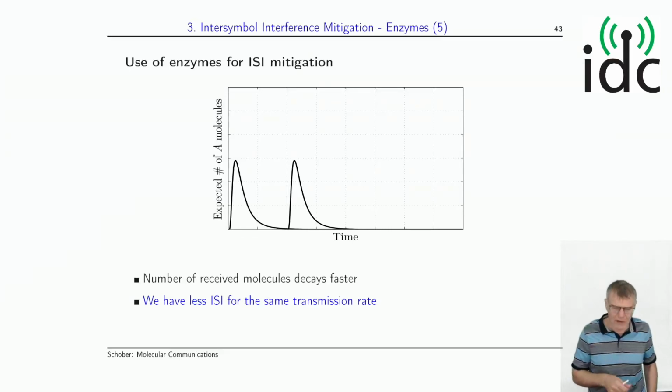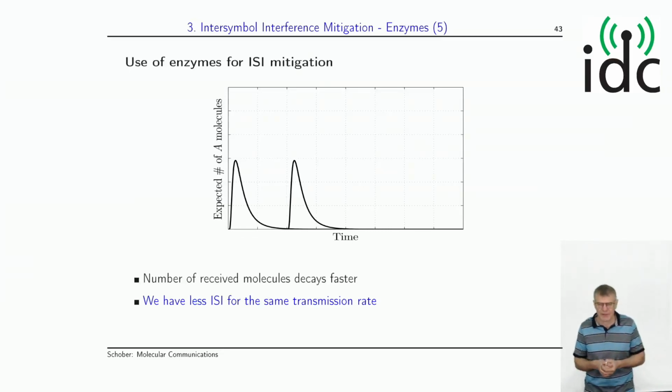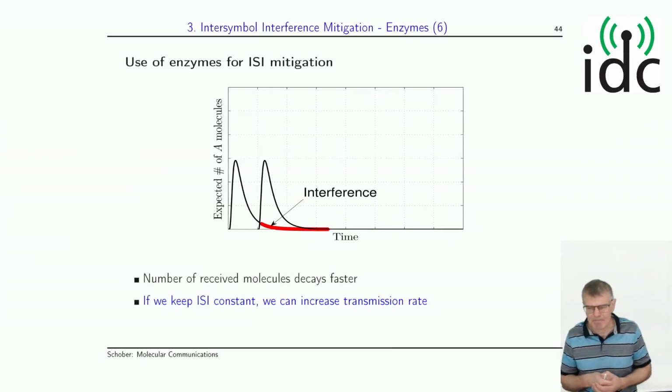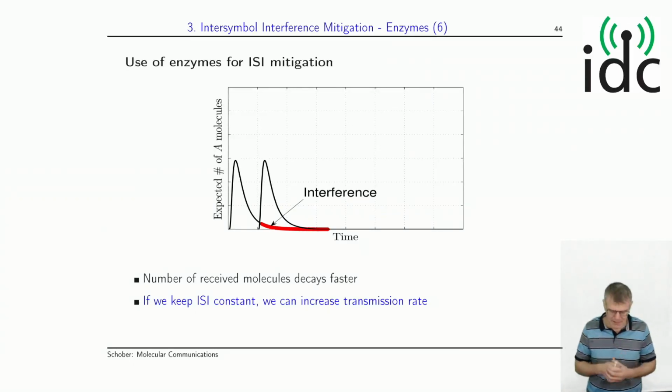And this allows us to avoid intersymbol interference, because now the shorter impulse responses, if we transmit at the same rate as before, do not overlap. Or if we can live with some overlap, then we can actually increase the data rate, so we can space these pulses closer together. So this would be one way of dealing with intersymbol interference.